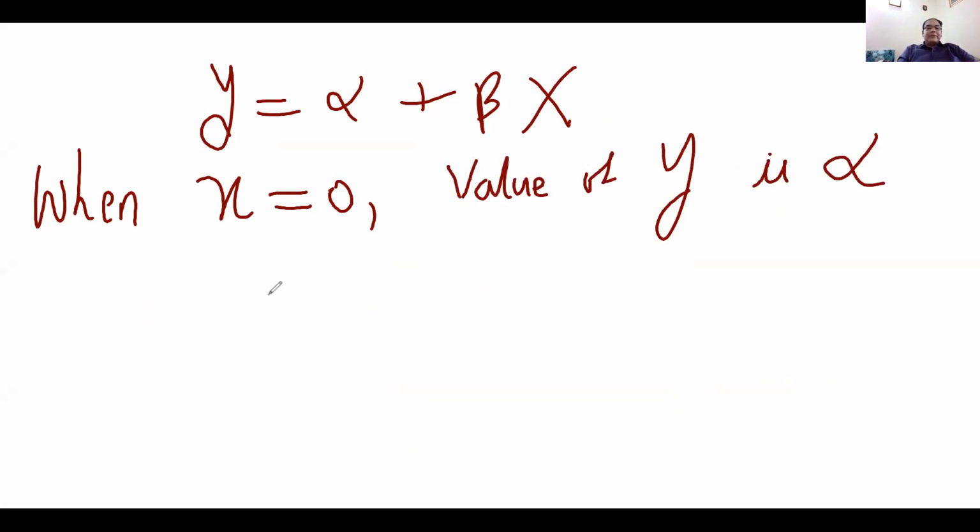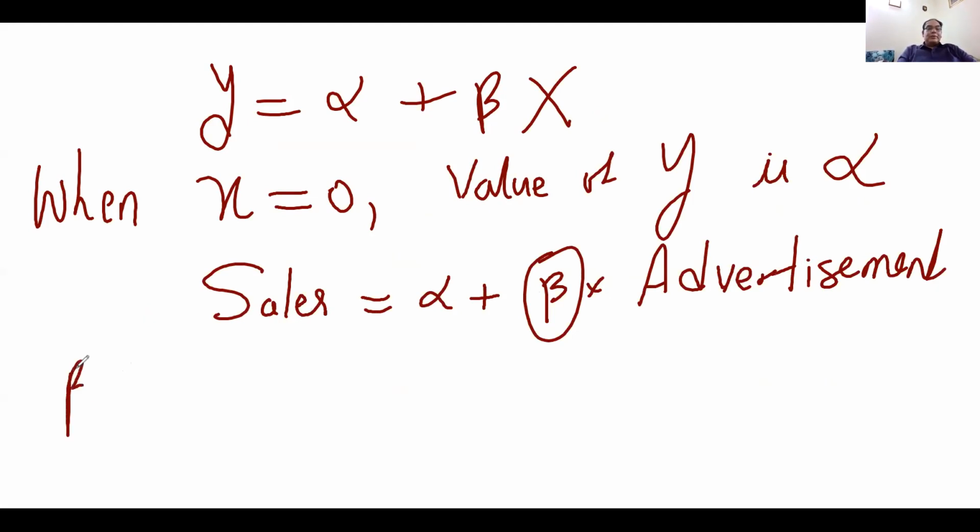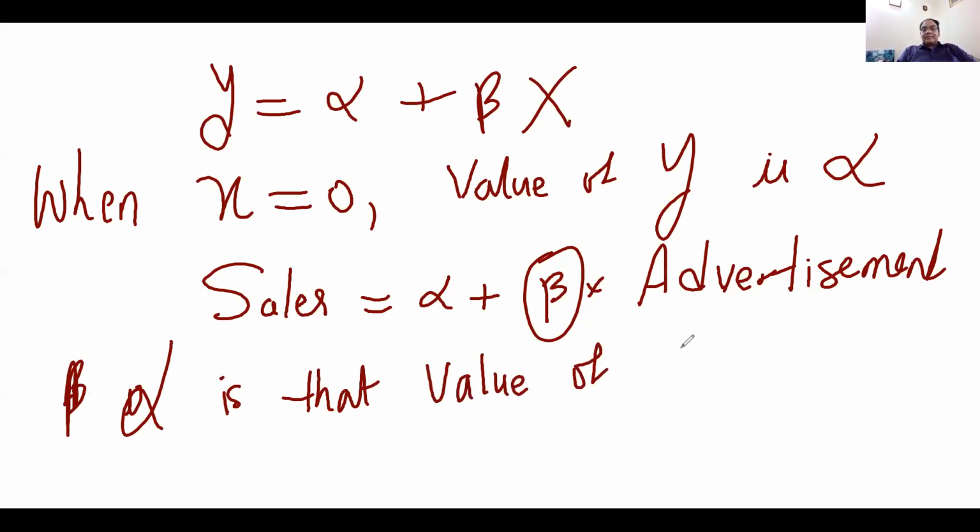If I write the equation sales is equal to alpha plus beta multiplied by advertisement, then alpha is that value of sales when advertisement is equal to 0.